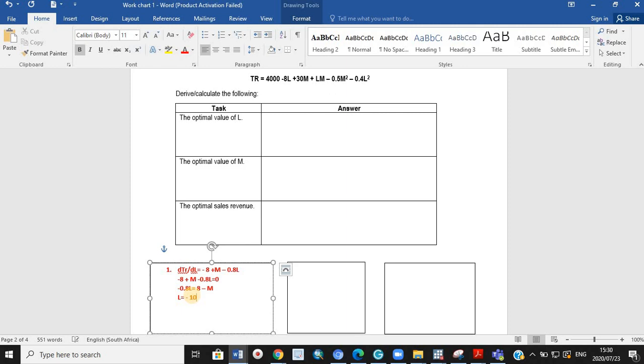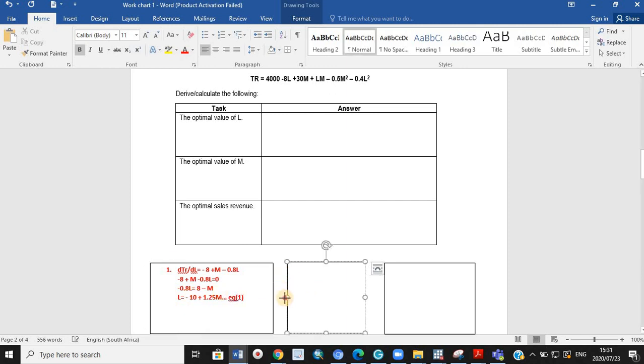Let me just confirm. 8 divided by 0.8, minus 10 plus 1 divided by 0.8, 1.25 M. Very good. This is our equation 1, right?